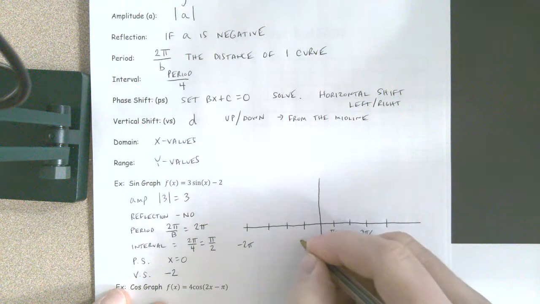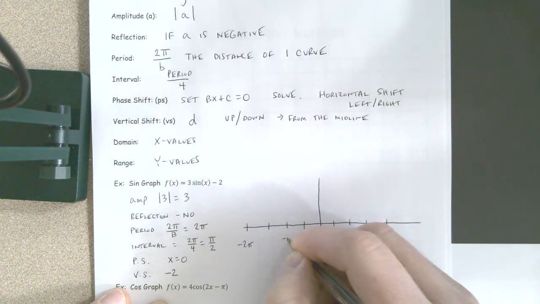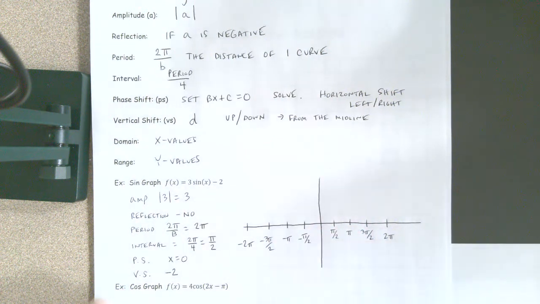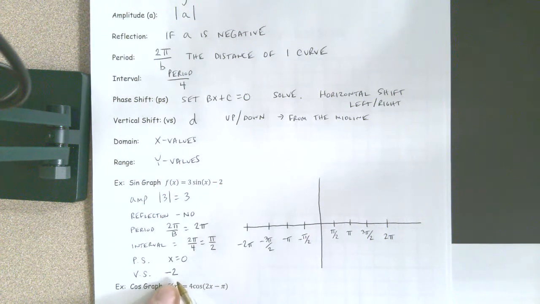And then I could do the same thing going negatively, -pi halves, -pi, -3 pi halves. Now, this is a sine curve. If you remember from our little lab, we know it's an S shape. So sine's an S shape. Normally we start at the origin. This one does have a vertical shift down 2.